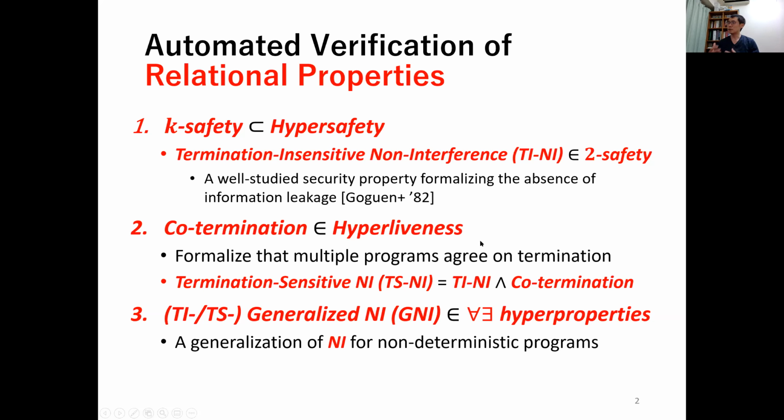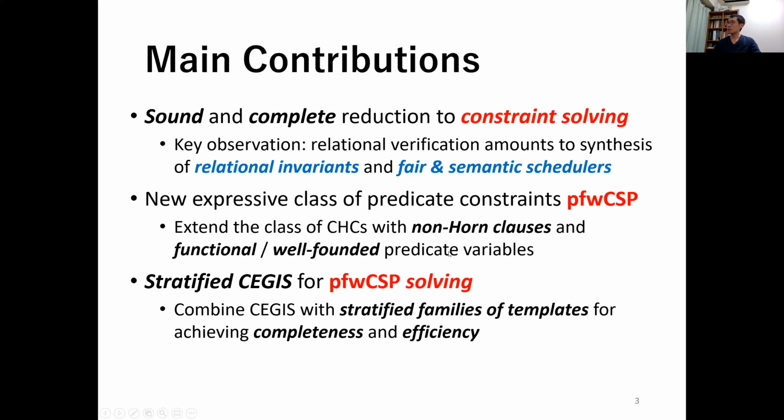Roughly, this is a class of properties of the form: for all executions of some property, there exists a corresponding execution that satisfies a corresponding property. So it's a for-all-exists kind of relational property. So these are the three classes of properties that we are looking at, and we want to do automated verification for these properties.